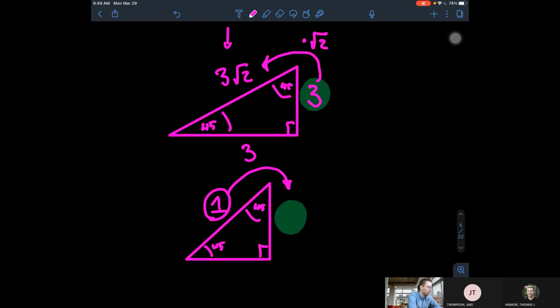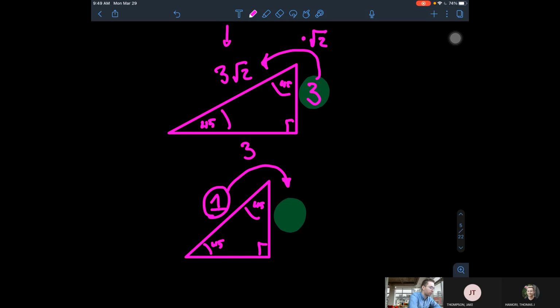So if I know the side length on the hypotenuse and I want to go the other way, I should reverse that process. So what should I do to find this side length on the side here if I already know the length of the hypotenuse? I want to do the opposite of the process that I used to go from the side length to the hypotenuse length.